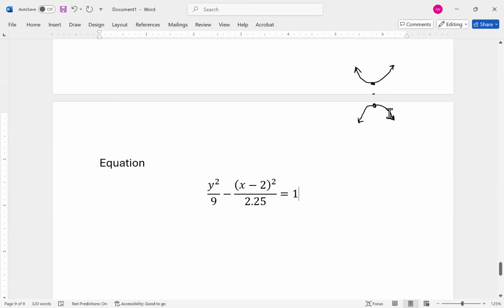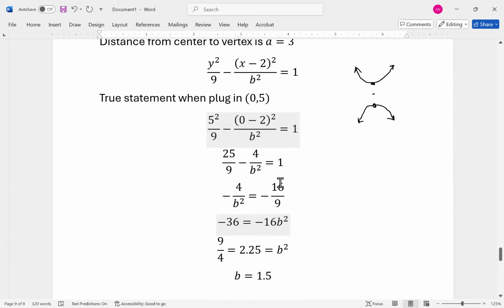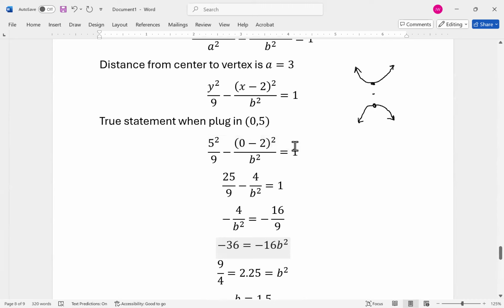All of this just came from the fact that I knew the direction my hyperbola was pointing. I could find the center by finding the midpoint of the vertices. I can find the a by taking the distance from the center to one vertex. And then in this case, I found the b by plugging in one point that I knew was on the graph.